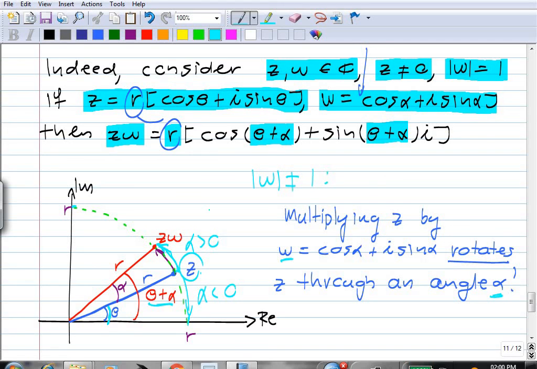If the modulus of w is bigger than 1, we're still going to rotate, and then we'll move outwards. If the modulus of w is less than 1, we're still going to rotate, and we're going to move inwards. Okay. So using the polar form for multiplication, we get some geometric insight into what's actually going on.